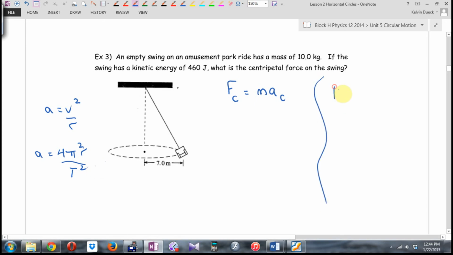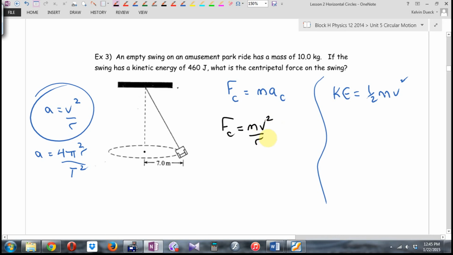Okay, well, I know that kinetic energy equals what? As an equation. Half mv squared. Oh. You know what? Maybe I can find v here, and I think I'm going to use that one. I think it's going to be Fc equals mv squared over r.